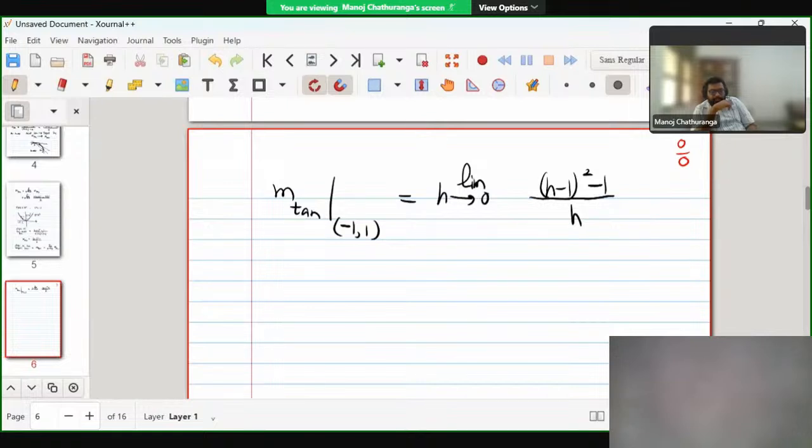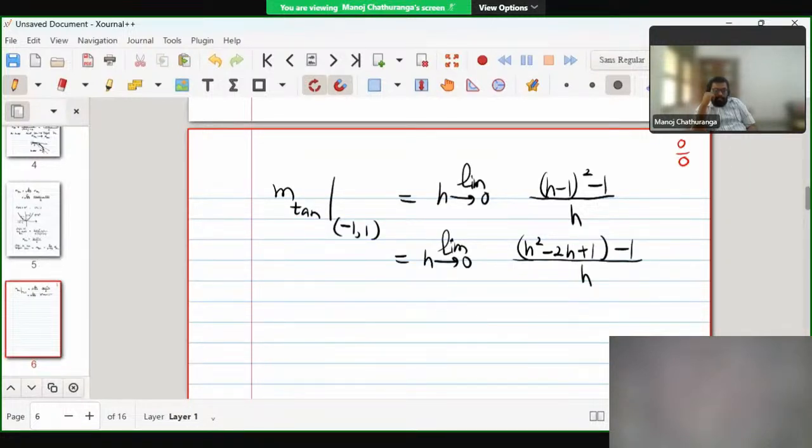So there must be a solution. This is a rational function of h, so simplify it. The first step would be to expand the square: h squared minus 2h plus 1 minus 1, divided by h.